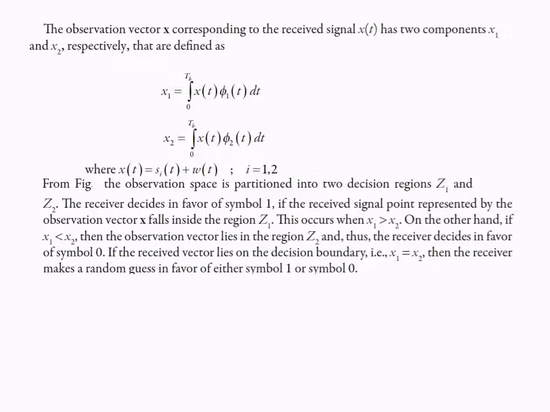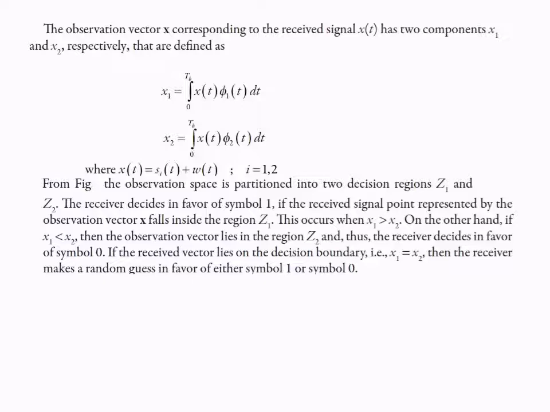As I have told you, if the received signal point or your observation vector falls inside the Z1 region, then the receiver decides in favor of symbol 1 or S1(t). This occurs when x1 is greater than x2.